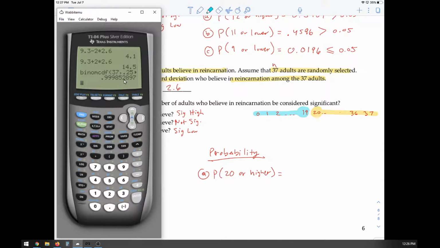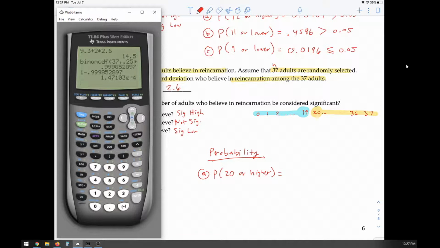To get your answer, you need to subtract from 1. We need to use the complementary formula, which is the probability of A is equal to 1 minus the probability of its complement. So we're going to go 1 minus that right there. And so we get, again, this is scientific notation, meaning that we move this decimal point 1, 2, 3, 4 times to the left.